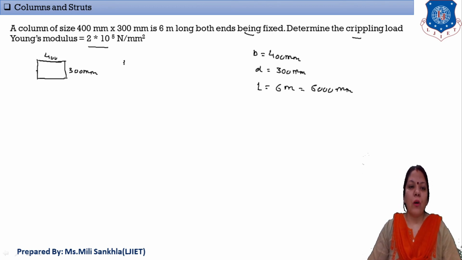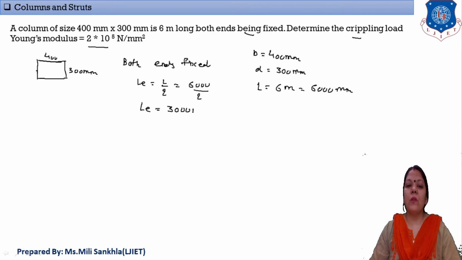Both ends fixed, then LE is equal to L by 2. L is 6000, so 6000 by 2, LE is equal to 3000 mm.